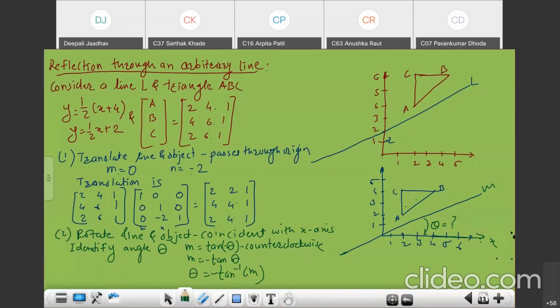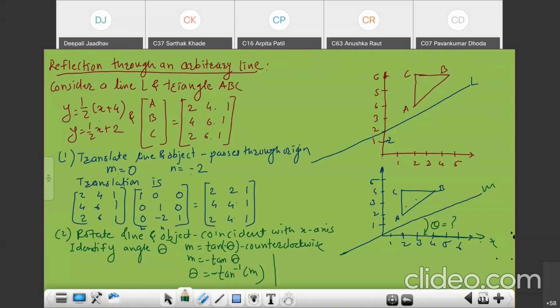So how do we calculate the theta? Minus tan inverse m. What is our m here in this equation, y is equal to 1/2 x plus 4? m is equal to 1/2.